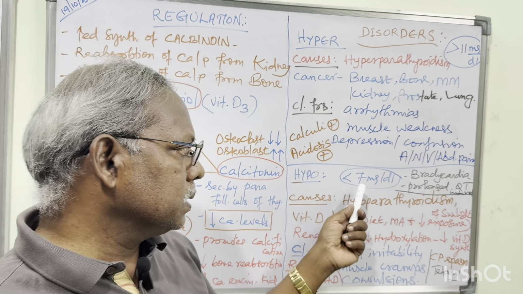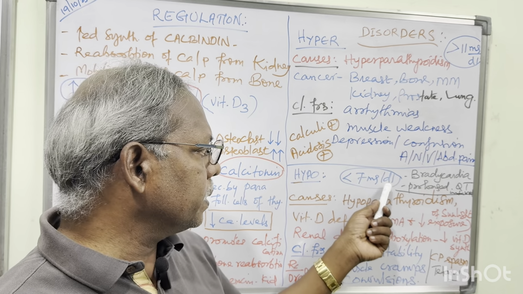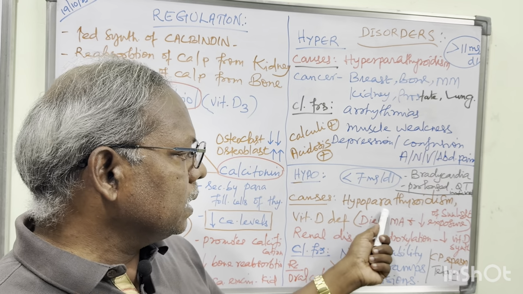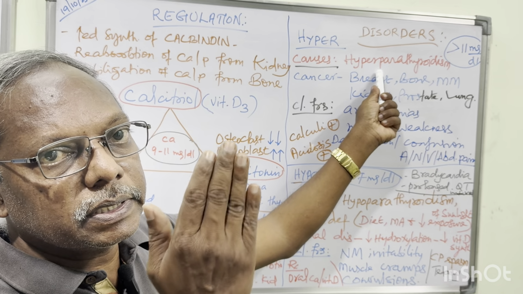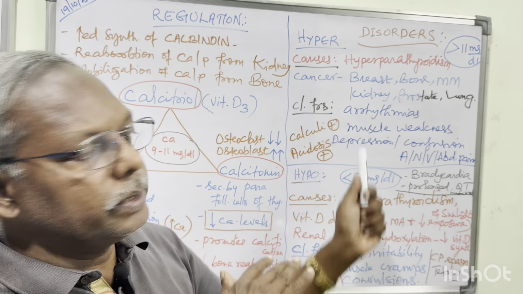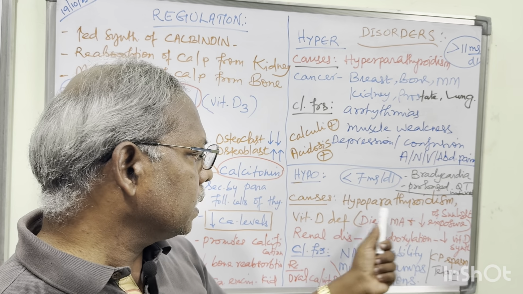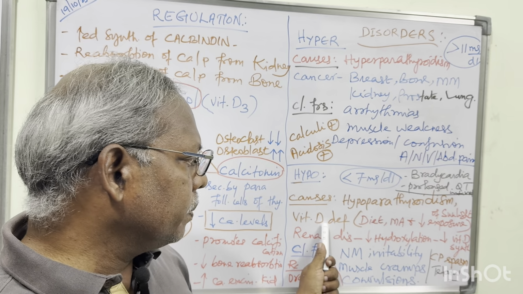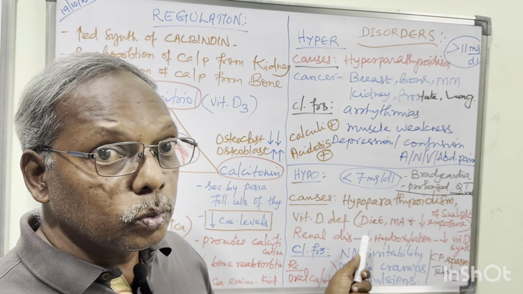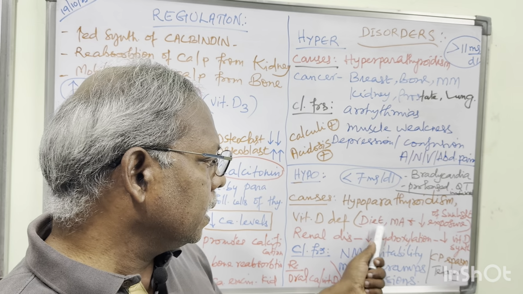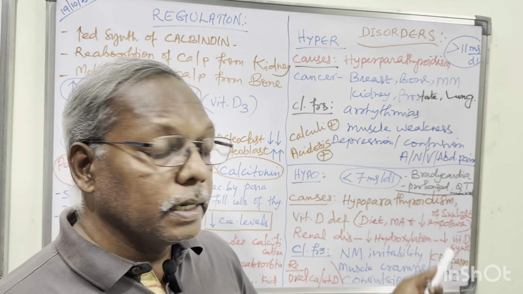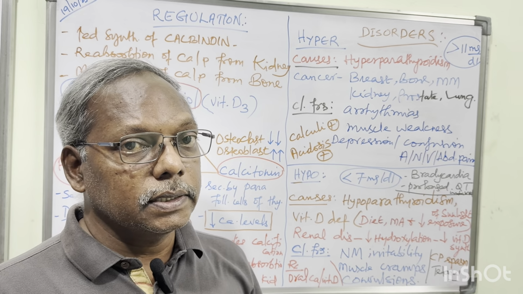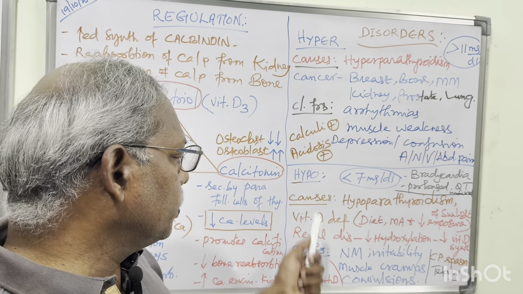Coming to hypocalcemia, the level is less than 7 milligram per dL. The causes: hyperparathyroidism is the first cause for hypercalcemia, and here hypoparathyroidism is the first cause for hypocalcemia. Second one is vitamin D deficiency through dietary deficiency, malabsorption, decreased exposure to sunlight. These are all the causes for hypocalcemia.